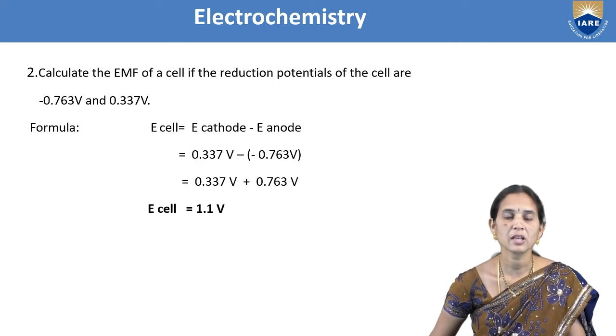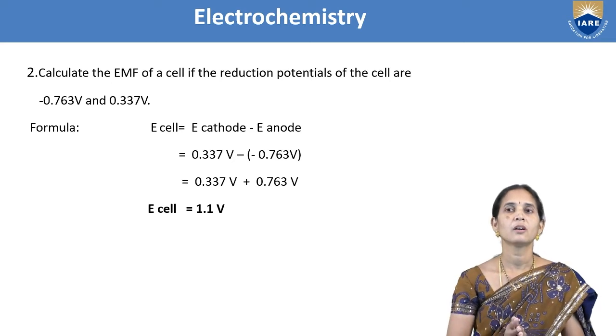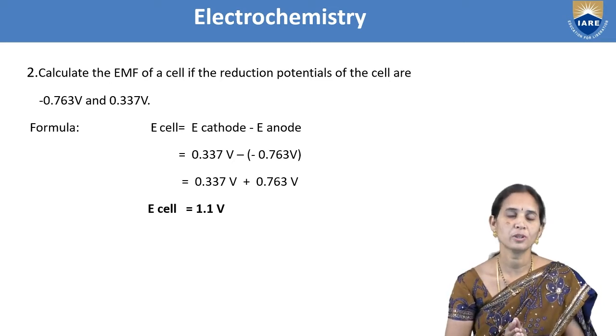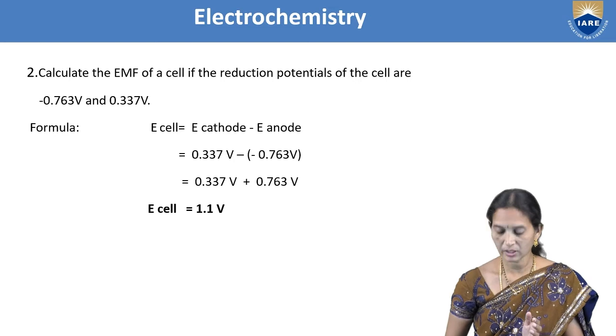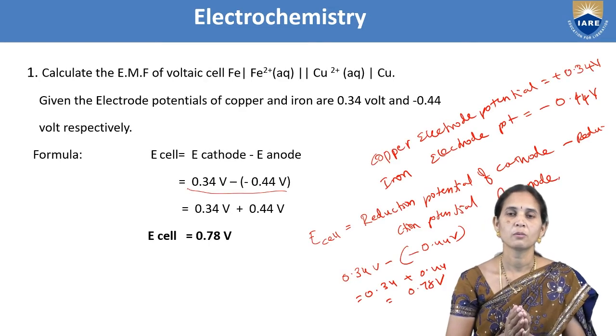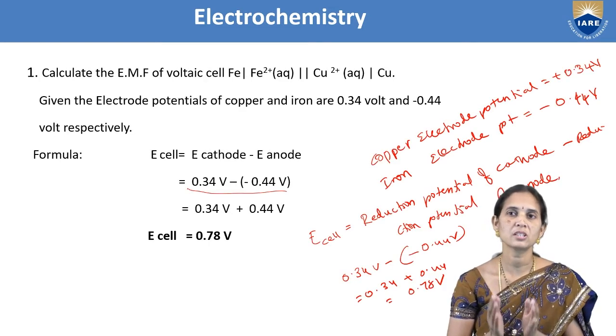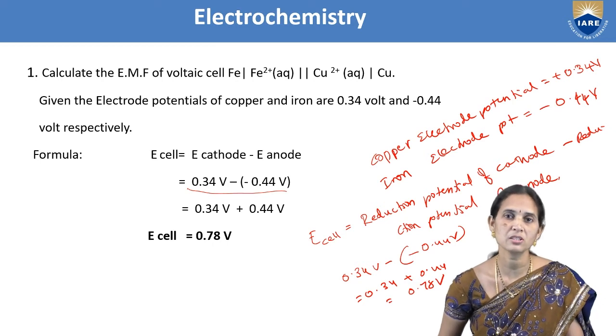Now the next problem: calculate the EMF of the cell if the reduction potentials of the cell are minus 0.763 volt and 0.337 volt. So here they are giving reduction potential values. Already I discussed what formula we have to take, that is E cell is equal to E cathode minus E anode.